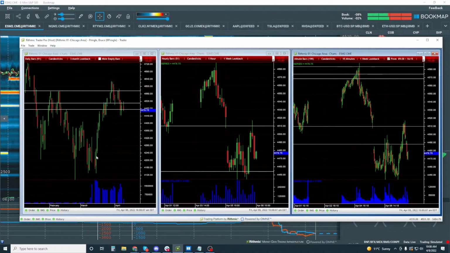So being able to understand these on multi-day, and you'll see it in Bookmap on daily, it can be really powerful to look for swing trades using order flow in Bookmap. It's a beautiful thing.